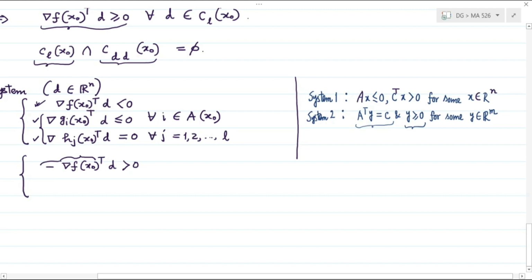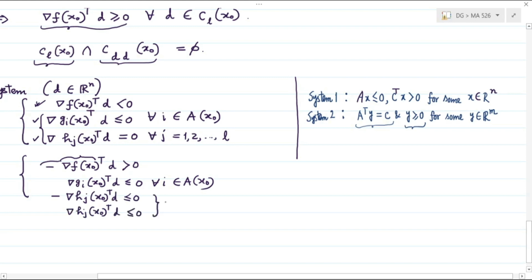So this equality I break into two inequalities: negative of gradient aj x naught transpose d is less than or equal to 0 and gradient of aj x naught transpose d is less than or equal to 0, and these two are for all j equal to 1 till L. Fine. So this system does not have a solution.